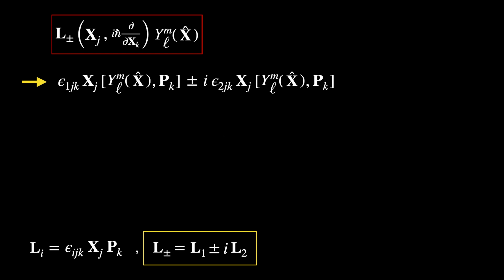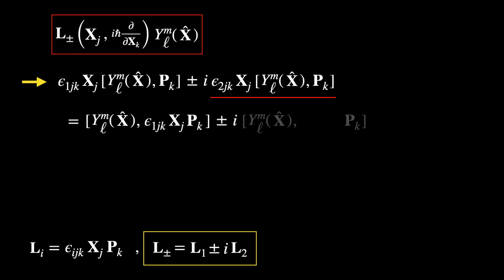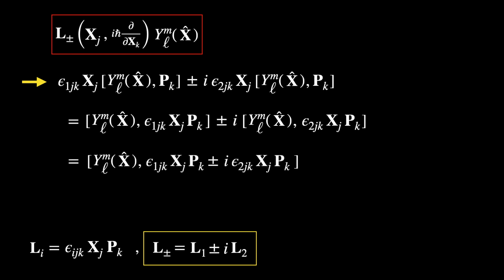And because YLM also commutes with x, xj can be moved into the commutator right next to pk. We can do the same for the second term. Then combining these two terms back into L plus minus. This is the result we claimed earlier.